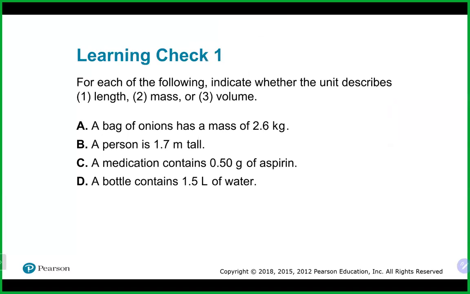As I mentioned before, it's really important to know what the unit represents. If I got 2.6 kilograms, that is a mass. 1.7 meters is a length. 0.5 grams is a mass. Liters is a volume.